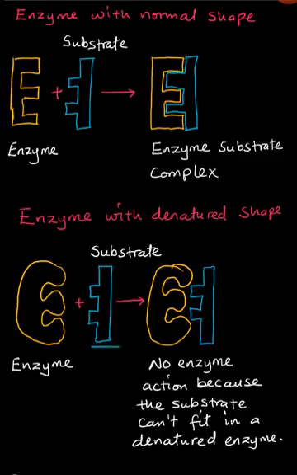The same thing happens when you put an enzyme in a wrong pH. When you put an enzyme in a wrong pH, its shape will be denatured. And just like it happens for temperature, when an enzyme has lost its shape, the substrate can't be worked on because that particular substrate cannot fit in a particular enzyme.